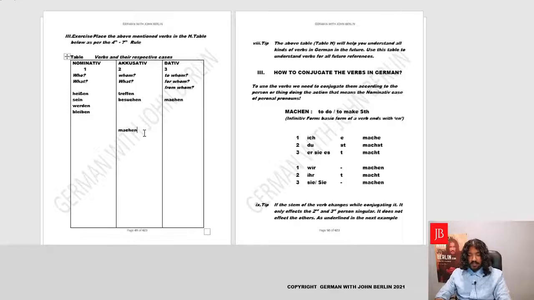Now there are some other verbs which are accusative dative. For example, instead of machen, let's say the second verb could be I read a German book. The verb to read is lesen. So the question is who reads what? The verb requires who, the person reading, and what is being read.